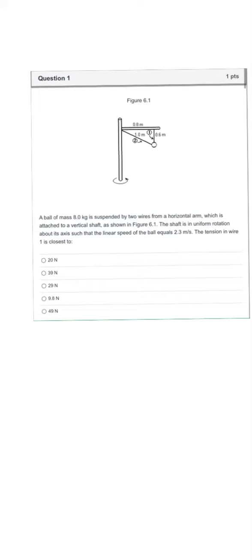Okay, so the first question we need to solve for the extra credit for test 2 part 2 is this question.